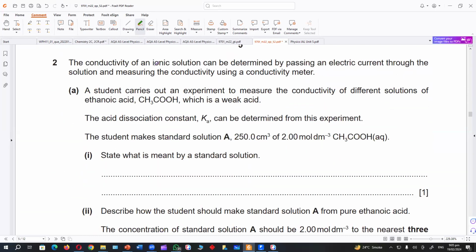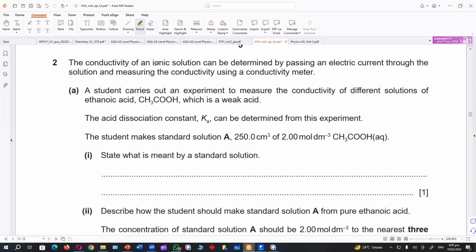The conductivity of an ionic solution can be determined by passing an electric current through the solution and measuring the conductivity using a conductivity meter. The student carries out an experiment to measure the conductivity of different solutions of ethanoic acid, which is a weak acid.